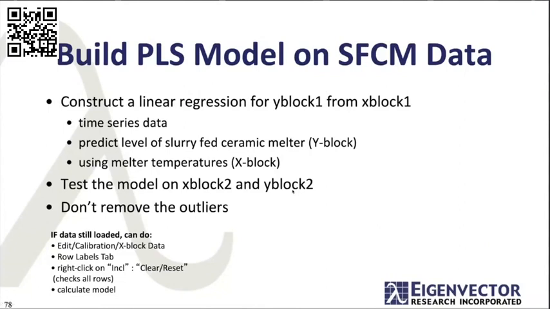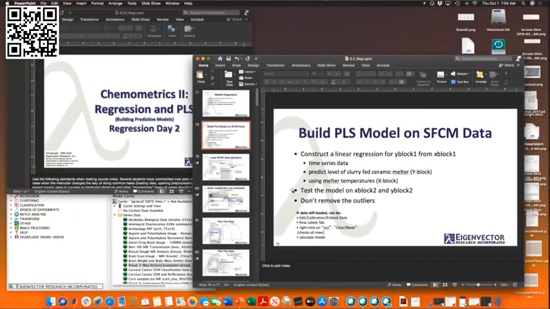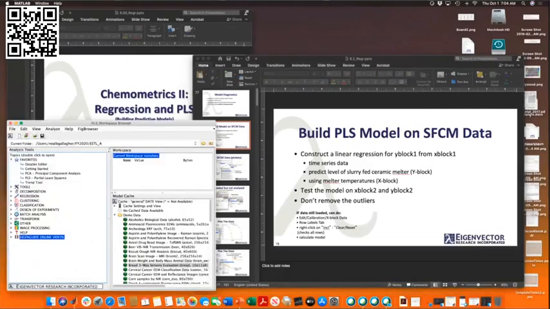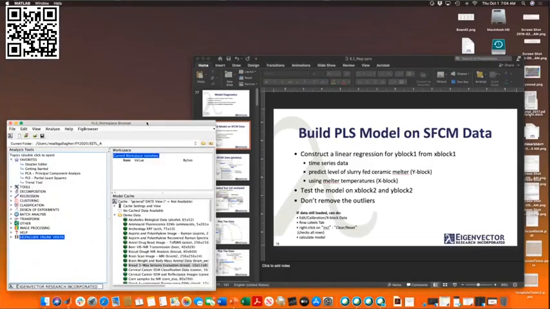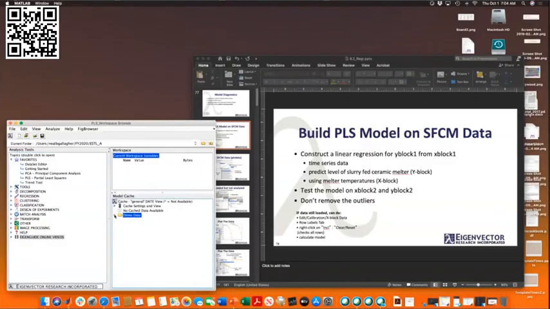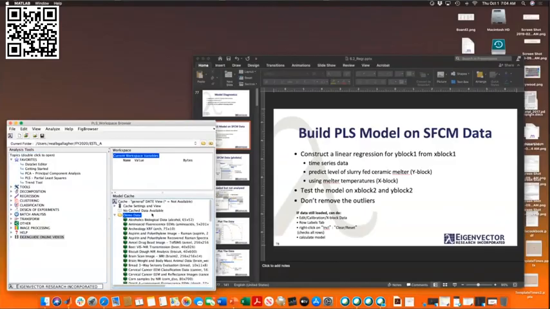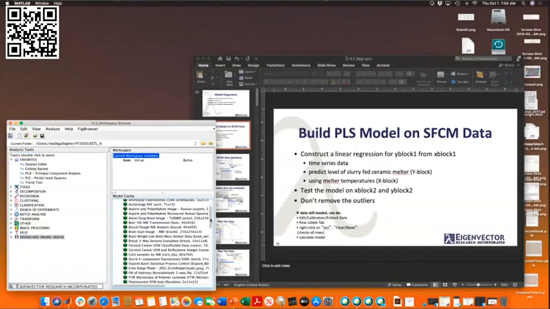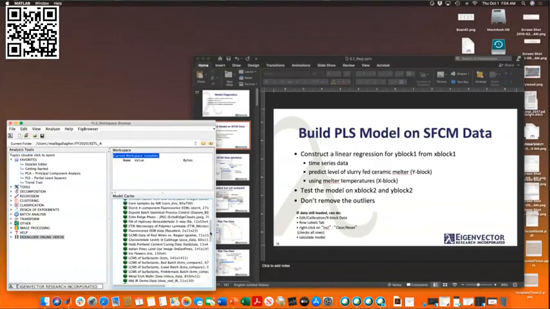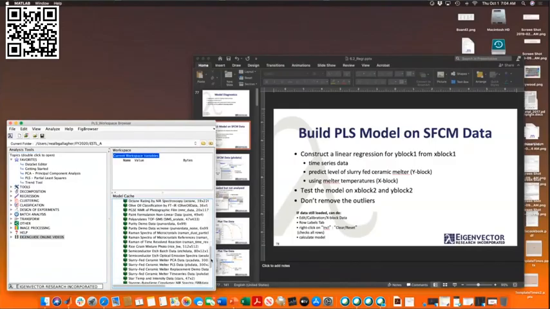All right, let me switch over, and I'm going to get into my browse window here. And recall that the data is over here in the demo data. I'm going to scroll down. I'm going to find the slurry-fed ceramic melter data, which is called PLS data. Slurry-fed ceramic melter PLS data.